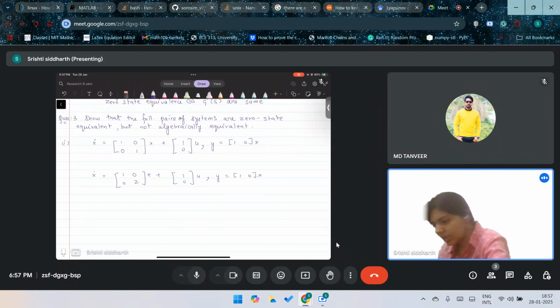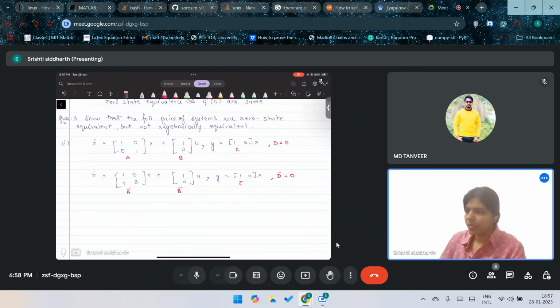Let's name these first. The first system is denoted by A, B, C, D, with D 0. And the second system is denoted by A bar, B bar, C bar, and D bar, which is 0.